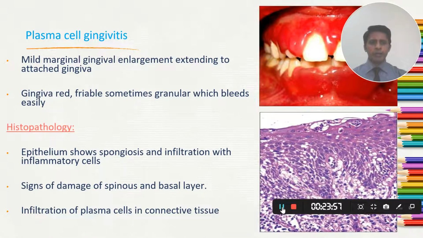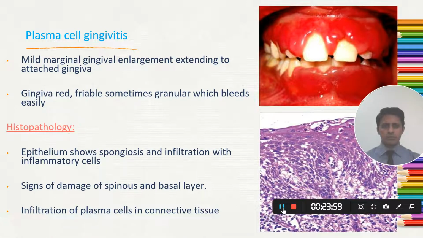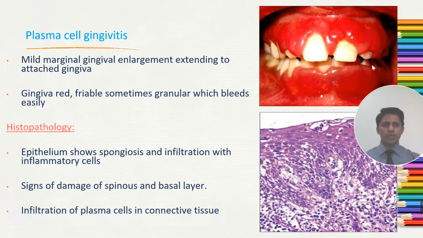Coming to plasma cell gingivitis. It is an allergic condition with mild marginal gingival enlargement extending to the attached gingiva. The gingiva is red, friable, sometimes granular, and bleeds easily.